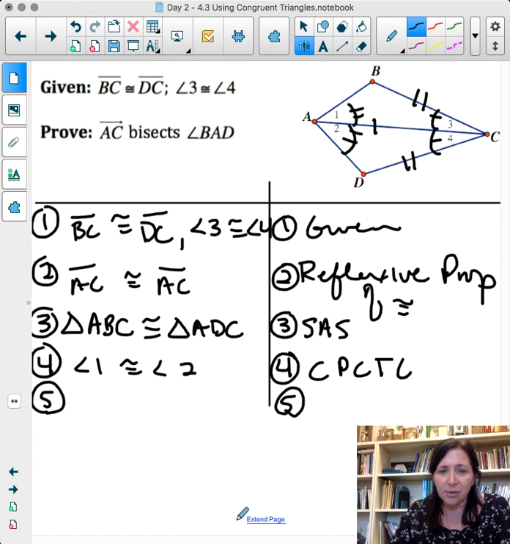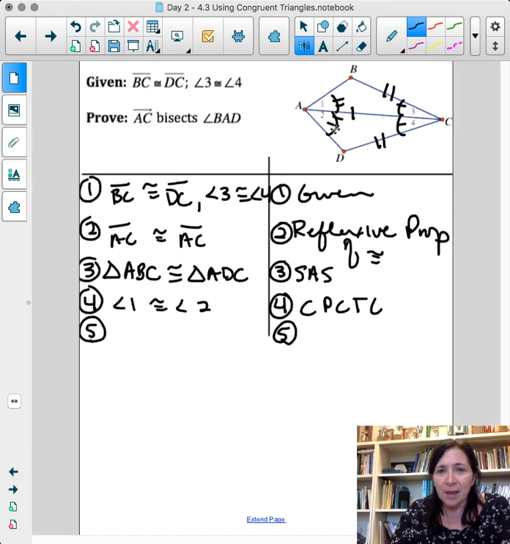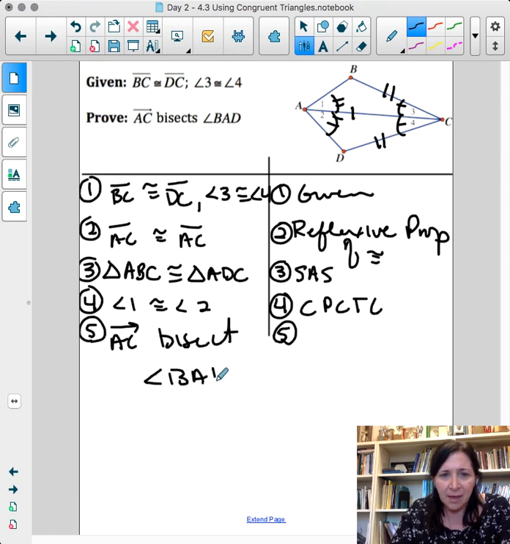And lastly, once I know that my parts are congruent and I know that angle 1 is congruent to angle 2, therefore, ray AC must bisect angle BAD, converse of the definition of an angle bisector.